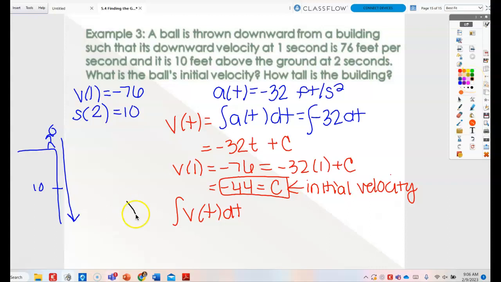So position would be equal to the integral of velocity. So negative 32t squared over 2. C is equal to negative 44. So that'd be negative 44t plus my new c value.